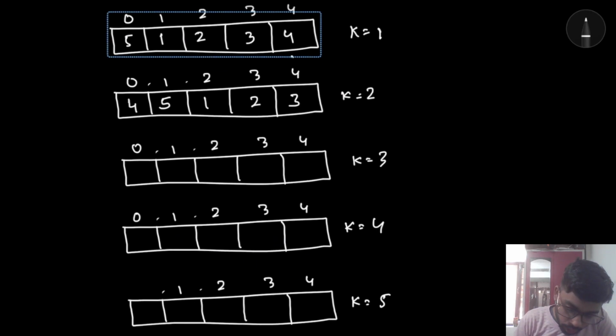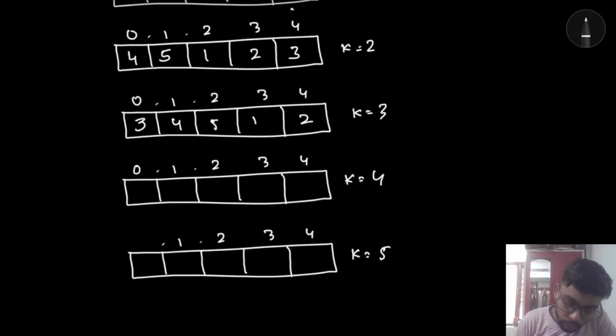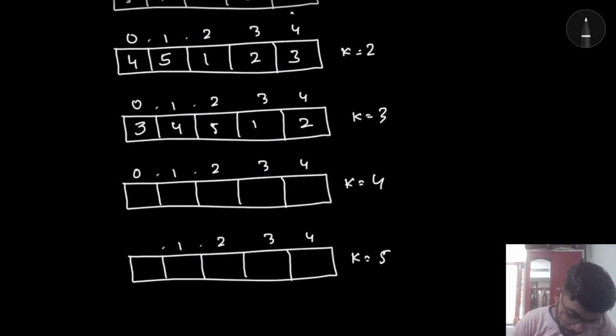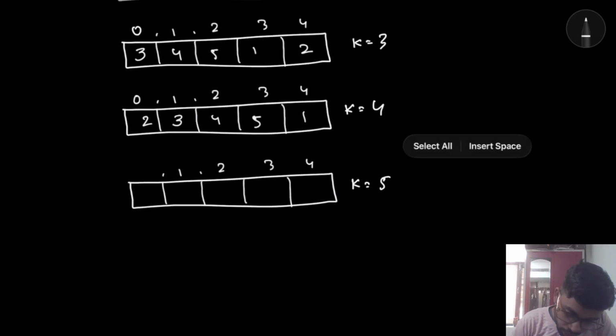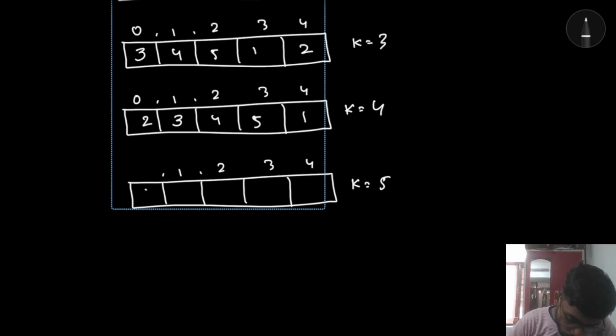When I rotate it by 3 places, it's 3, 4, 5, 1, 2. With 4 places, it's 2, 3, 4, 5, 1. With 5 places, it's 1, 2, 3, 4, 5.